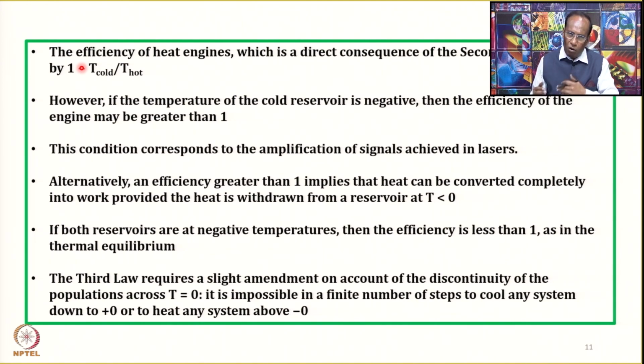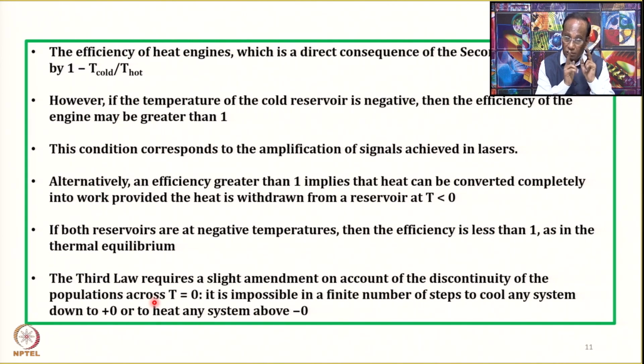Now, all this discussion may lead us to a conclusion which is accepted and as mentioned in several textbooks, that the third law may require a slight amendment on account of discontinuity of populations across T equal to 0.